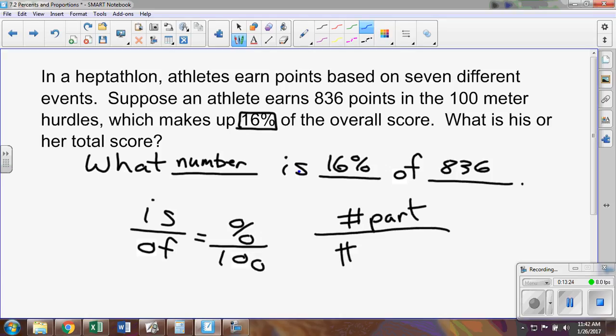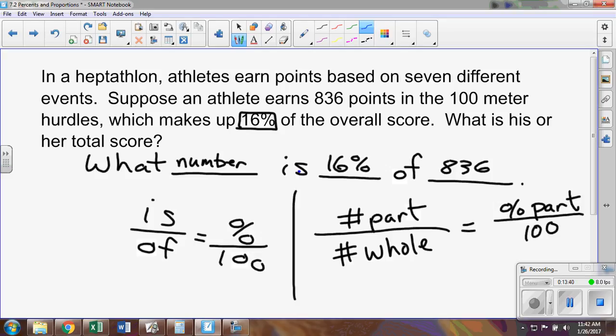Of referred to the whole amount expressed in its numeric form. Percent was the part expressed, and whole percent, of course, is 100.